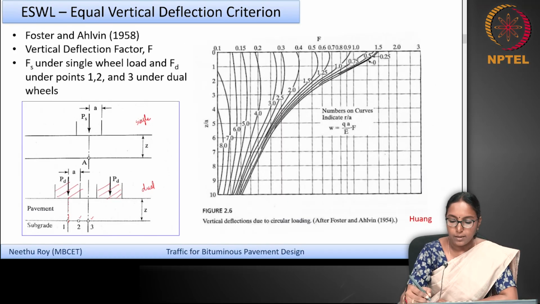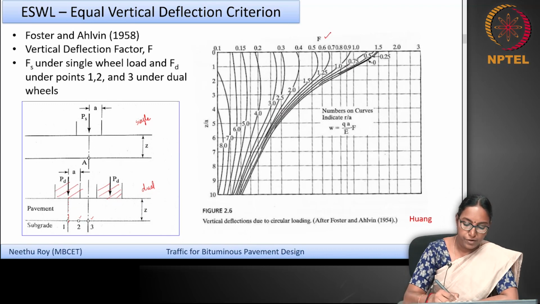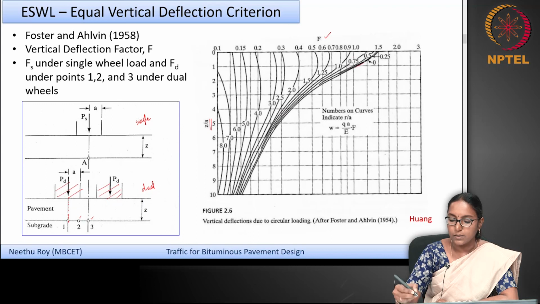So let's see how we are equating these two values. As you can see from the chart, you get the deflection factor F for different depths, or z by a values, and each of these curves is for a different r by a value.